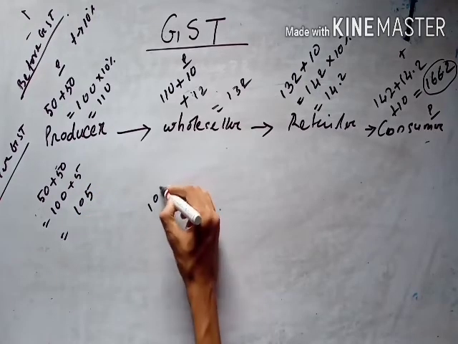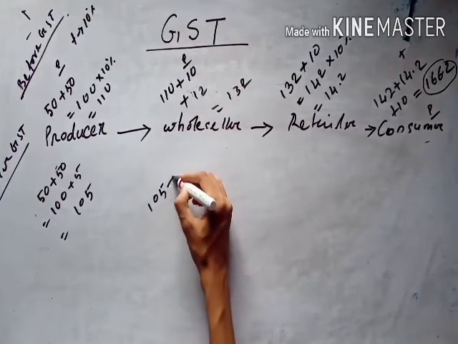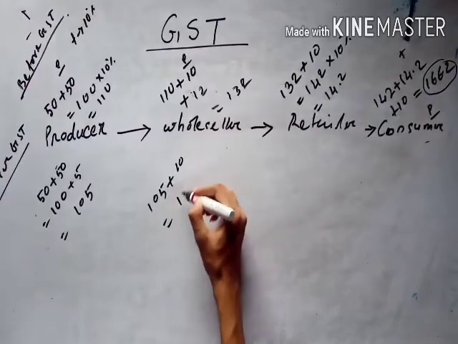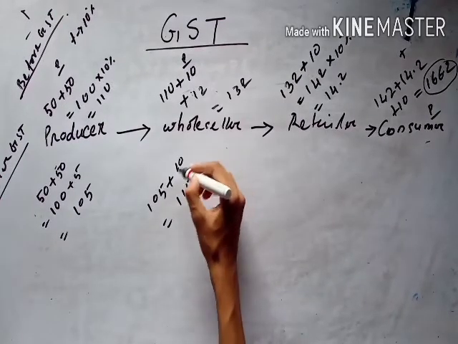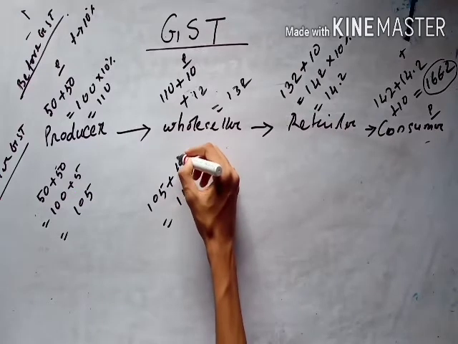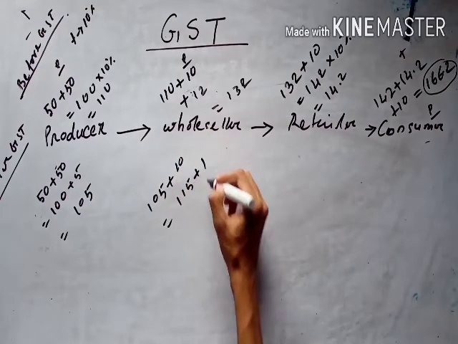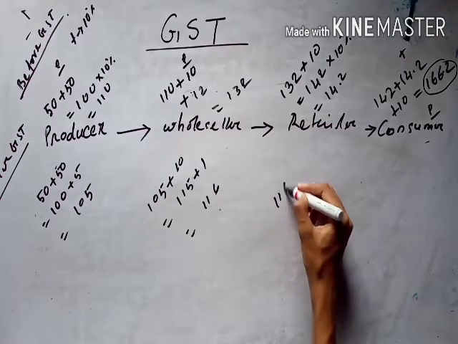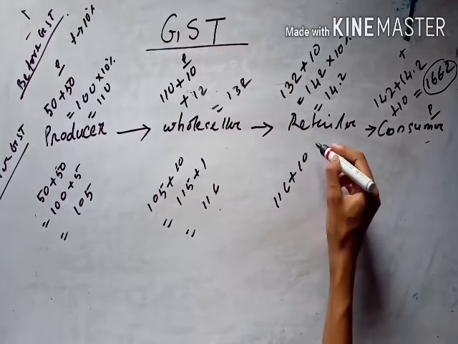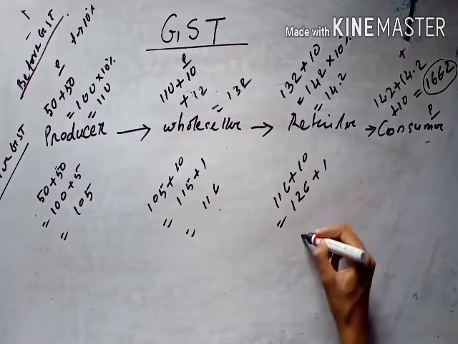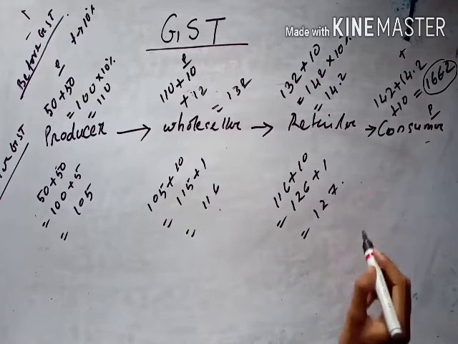The wholesaler gets goods at 105 plus he adds a profit of 10 rupees, 115, and GST is charged at 10% on 10 rupees, which is 116. The retailer gets goods at 116, adds a profit of 10 rupees, 126, plus 1, which is 127.